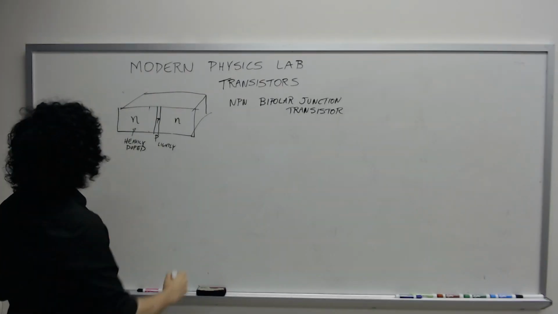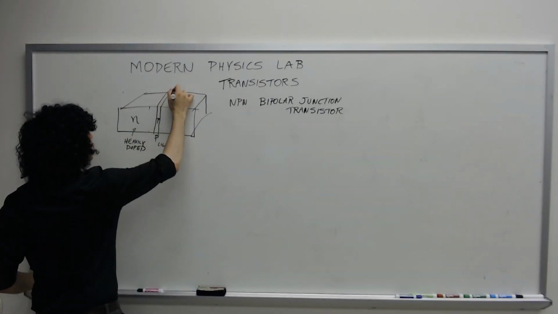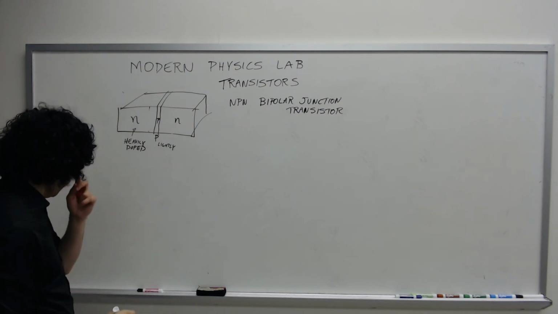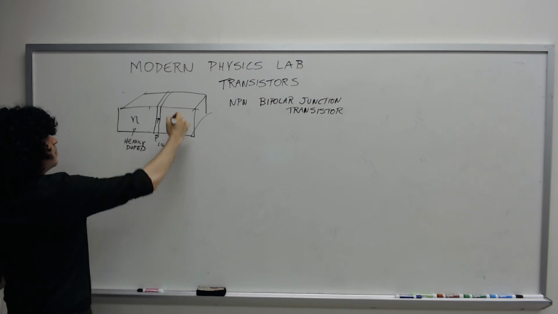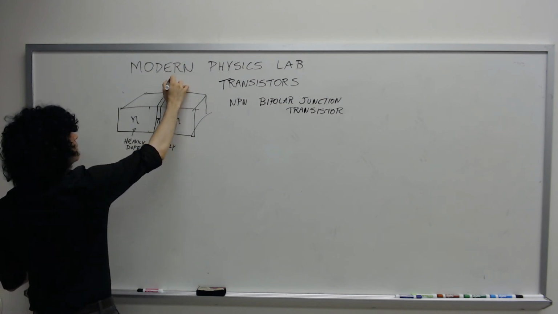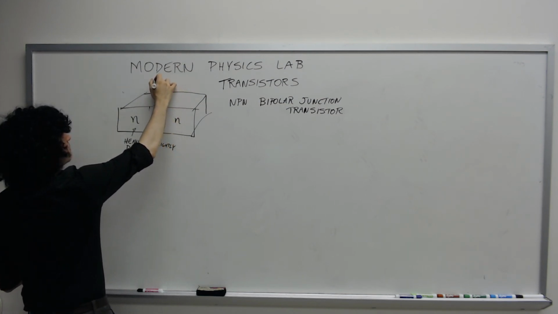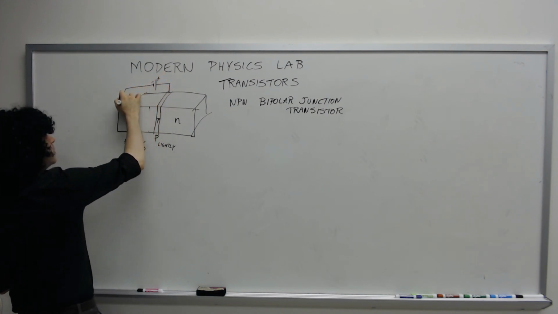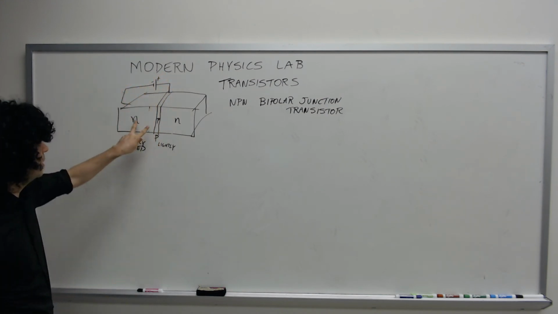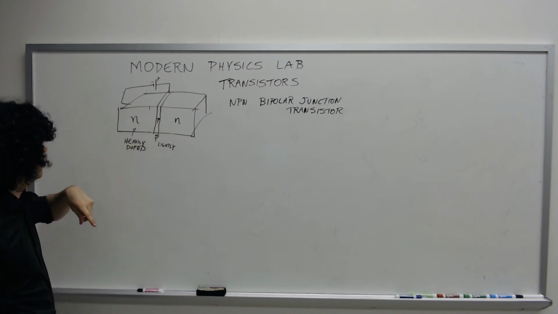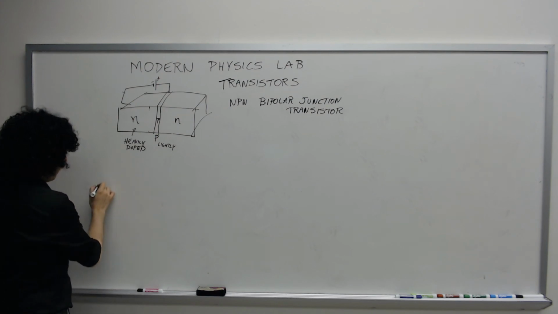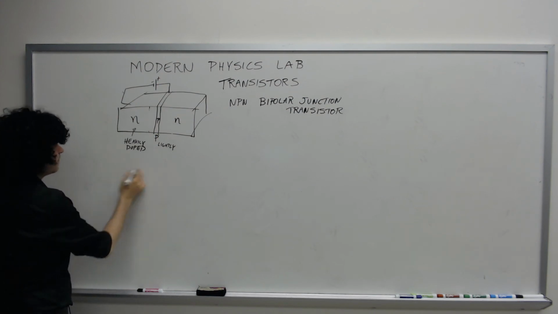Now take this device and apply voltages to it. So for example, if I apply plus here and minus here, I have a diode in this region. So let me draw the band structure.